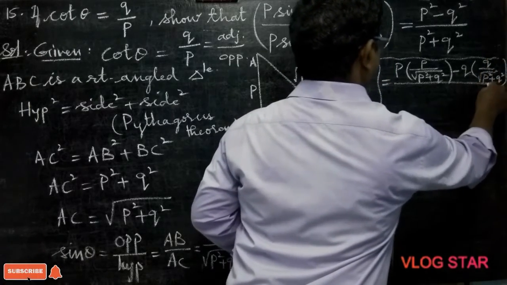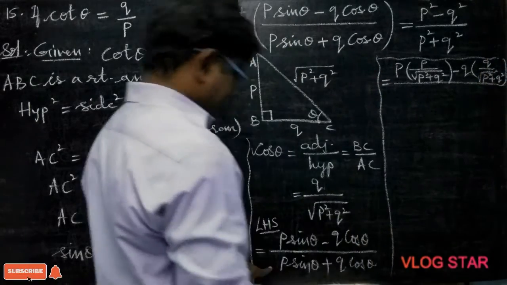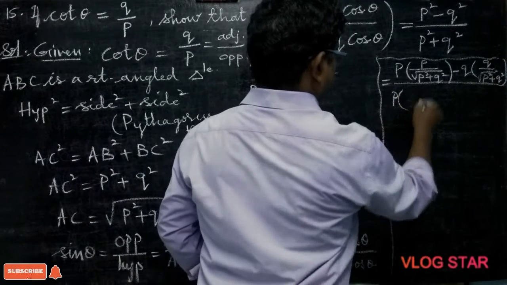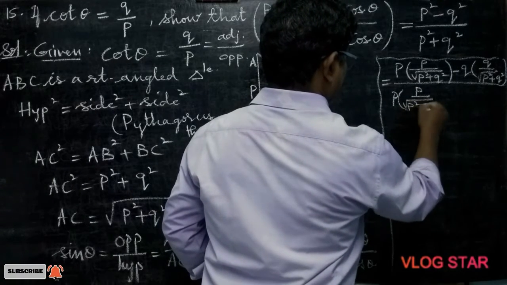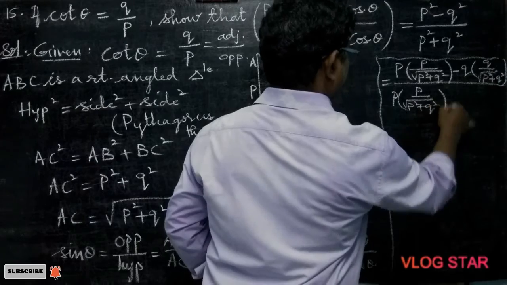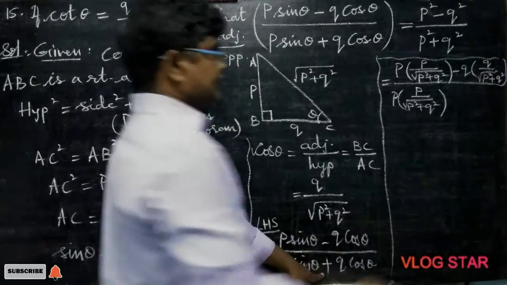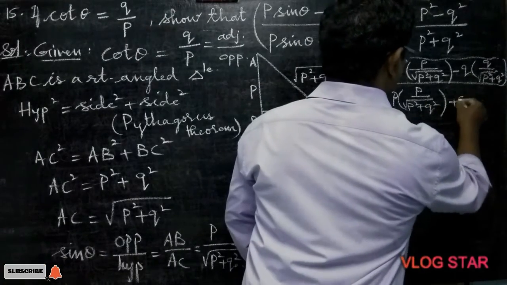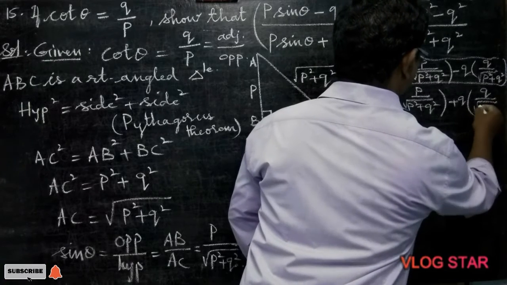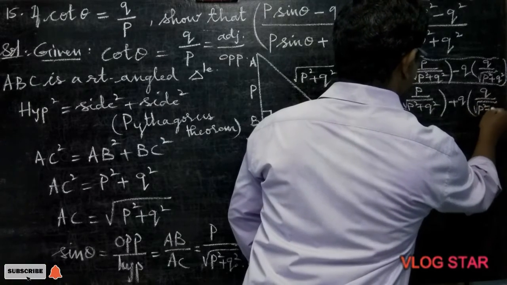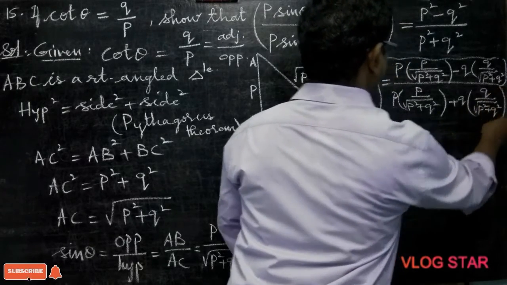Close the bracket. Next, denominator: P into P by square root of P square plus Q square. Minus is there, now plus Q into Q by square root of P square plus Q square.